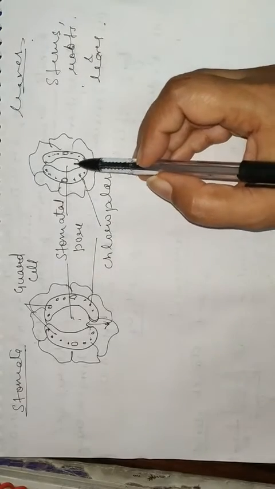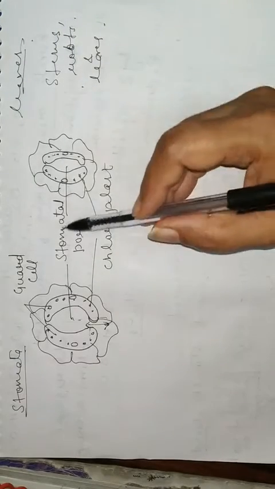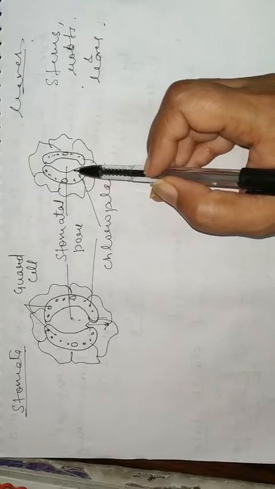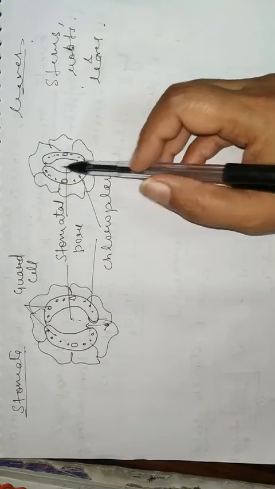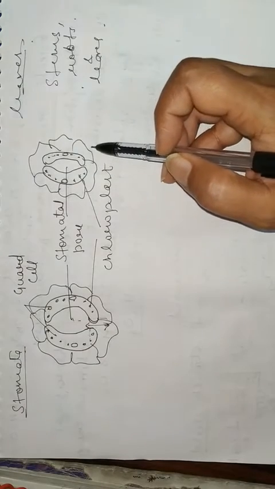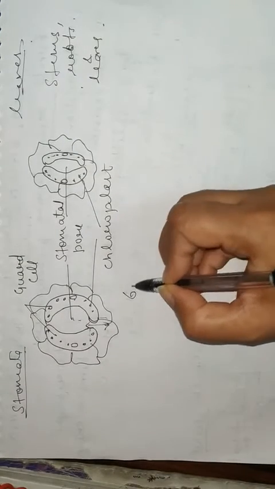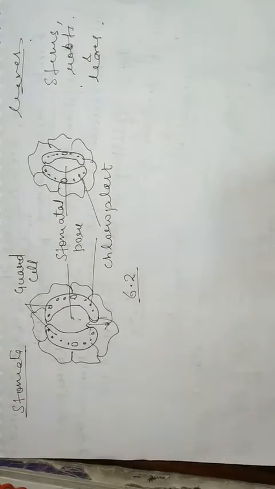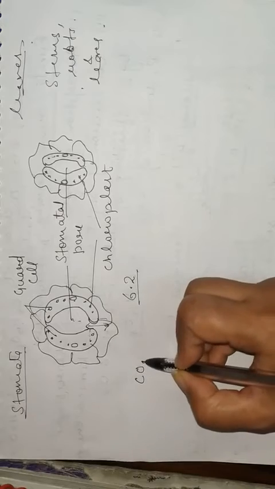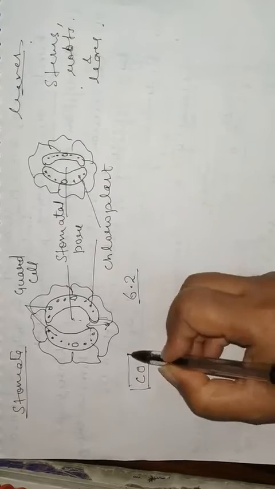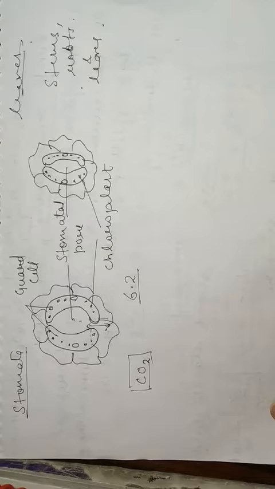And when the water is evaporated, these guard cells shrink and stomatal pores are closed, and no gaseous exchange takes place. Now, activity number 6.2 shows that carbon dioxide is necessary for photosynthesis.